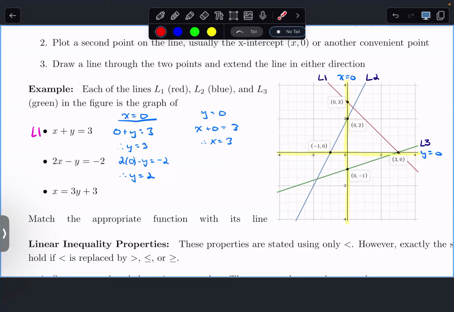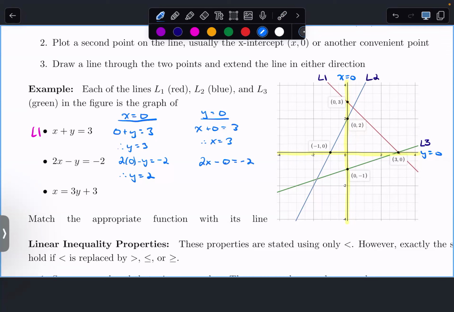So then here, just knowing when x is 0, y is 2, the only one that makes that happen is L2, so I'm kind of ready to commit to that already. But for practice, let's figure out what x is when y is 0. 2x minus 0 is equal to -2.